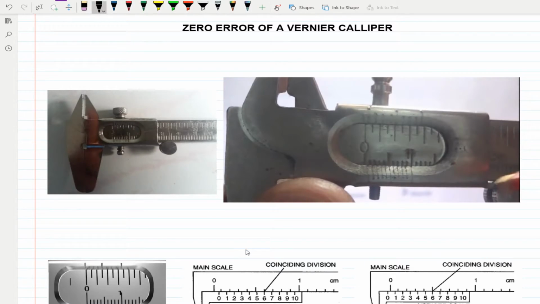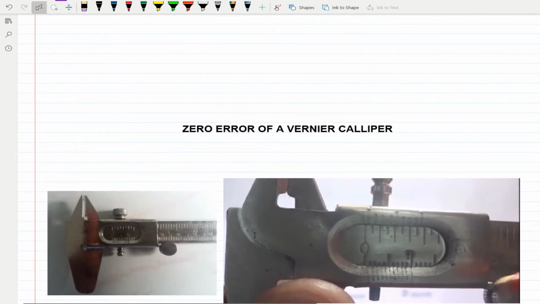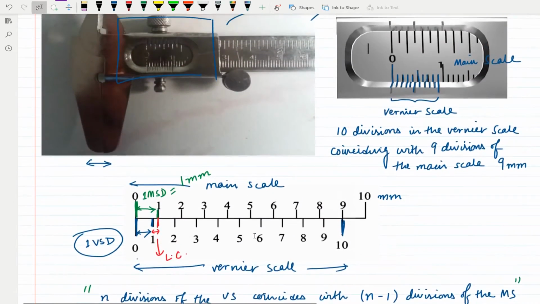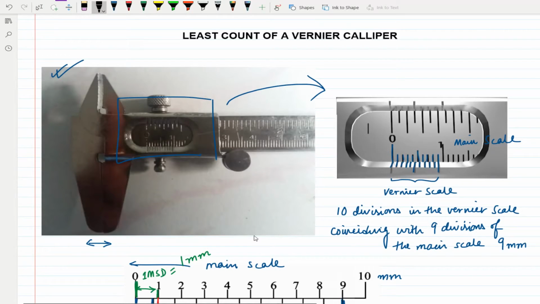So if you can see from the earlier images, what we saw was when the jaws were close together, the zero of the vernier was coinciding, was in line with the zero of the main scale.